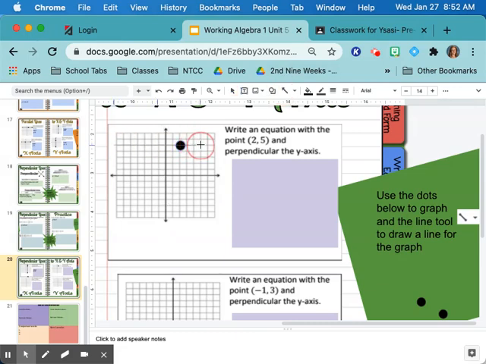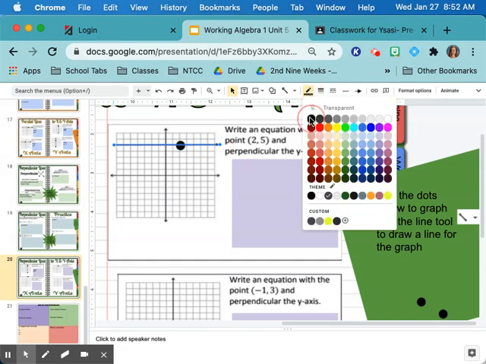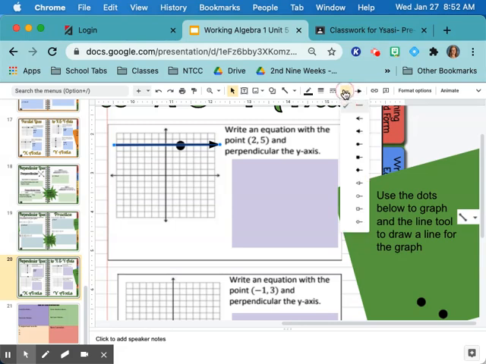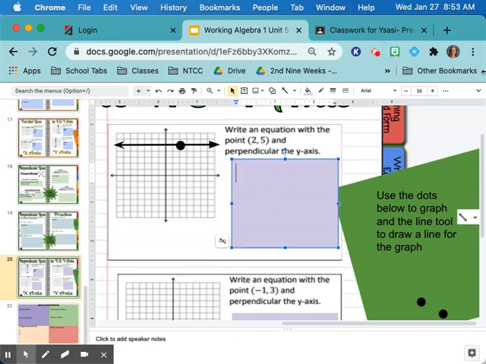Horizontal. There we go. So then, are we using HOY or VUX? HOY. So what's the equation? y equals 5. Good.